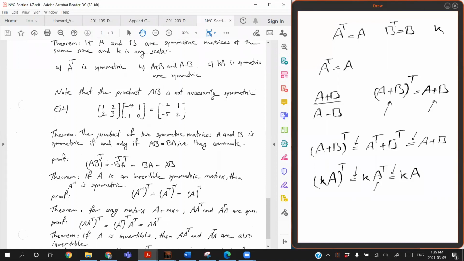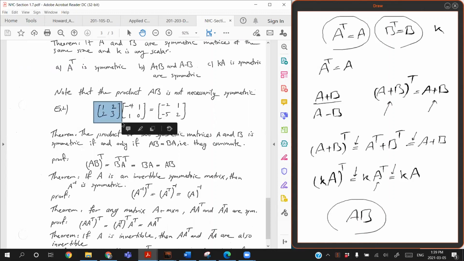However, the product of two symmetric matrices is not necessarily symmetric. So if you know that A is symmetric and B is also symmetric, it doesn't mean that AB is going to be necessarily symmetric. And here you have an example. This matrix here is symmetric.